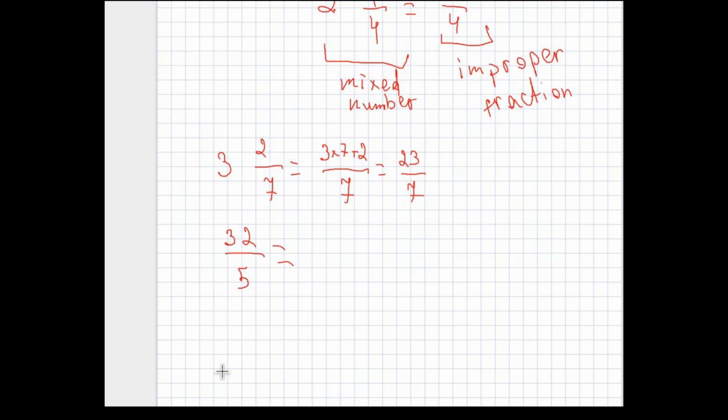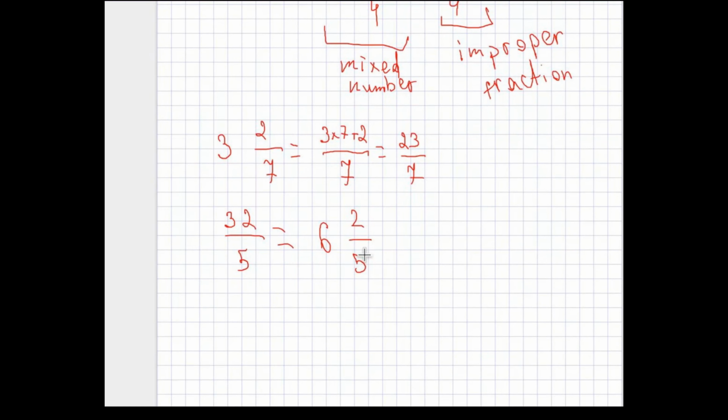So 5 fifths here, 5 fifths here, 5 fifths here. Let us see how many fives we can have in 32. We know that in 32 we have 6 fives and 2 is the remainder. So when we divide 32 by 5, the answer is 6 and the remainder is 2. So this is 6 wholes and 2 over 5.